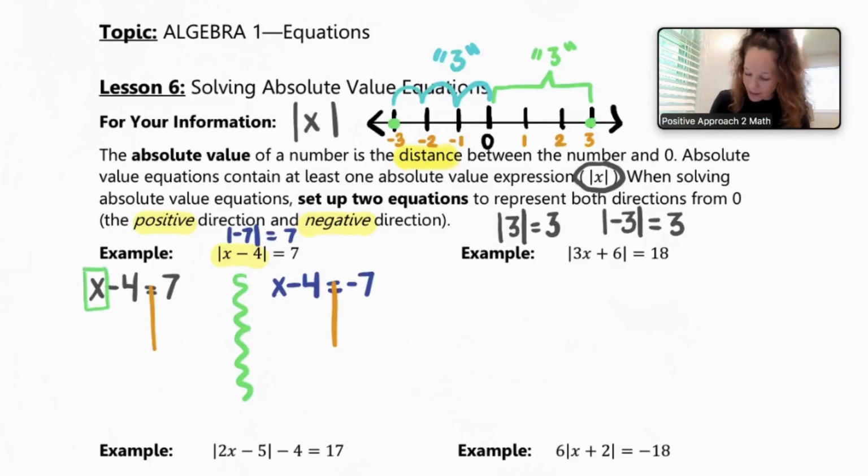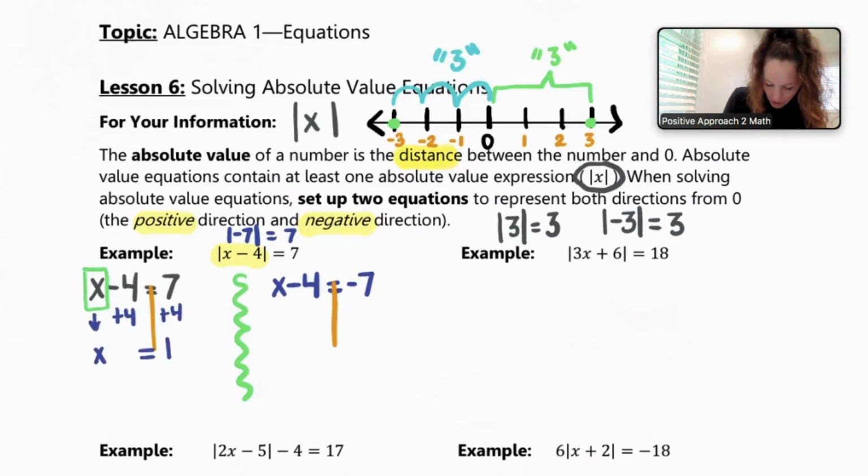The opposite of minus 4 is to add 4. Draw my arrow. 7 plus 4 is 11. We do not want to just assume that the equation on the right is going to give us negative 11, so I don't have to say, oh, so therefore x equals negative 11. That's not the case.